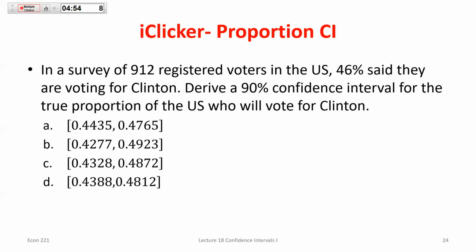So if I did calculate the intermediate step here, did anyone do that? I'll try to do it once. What would you find for the intermediate value? 0.0165. Sounds right. So really the only other thing I need here is that Z value. What's my alpha for the 90% confidence?